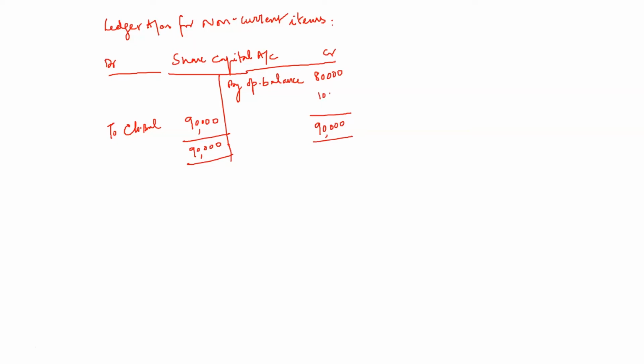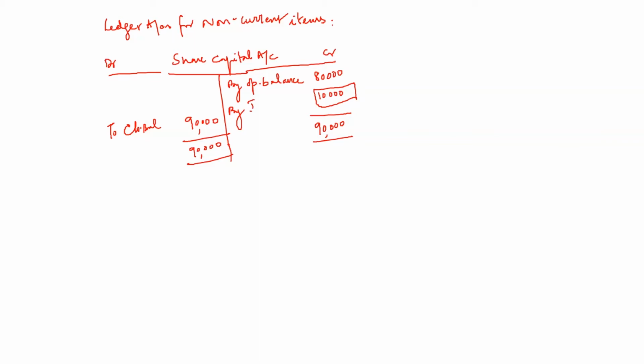So 10,000 is your additional issue. You have realized rupees 10,000 by making an additional issue of shares. So this is nothing but this will increase your sources of funds to the firm.